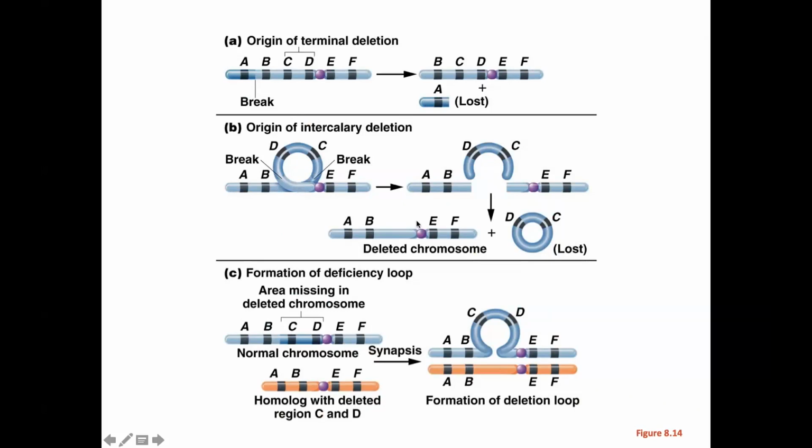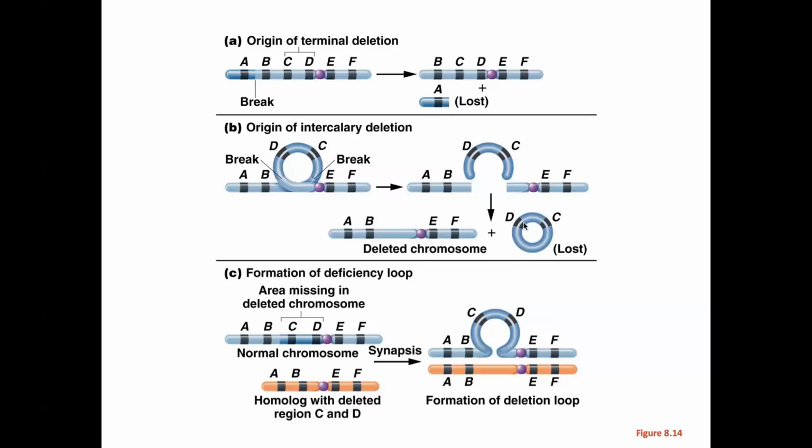So what is that going to lead to? Depending on how the recombination takes place, it can lead to a deleted version of a chromosome. In this case, you'd become deleted for the DC region, and it would give rise to a ring chromosome that carries those DC genes.